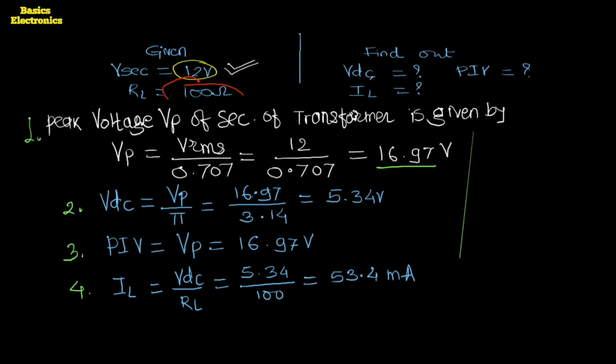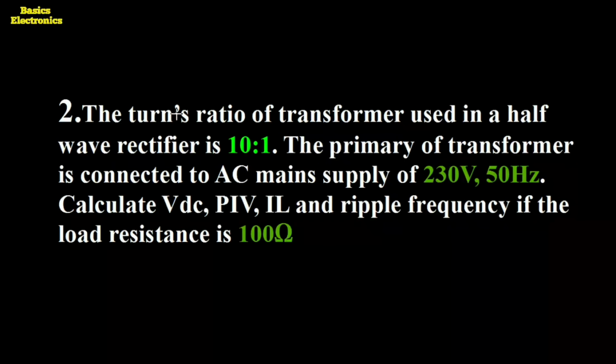Okay, so here the next example we have to see, and this next example is like this. The turns ratio of the transformer used in a half wave rectifier is 10:1.